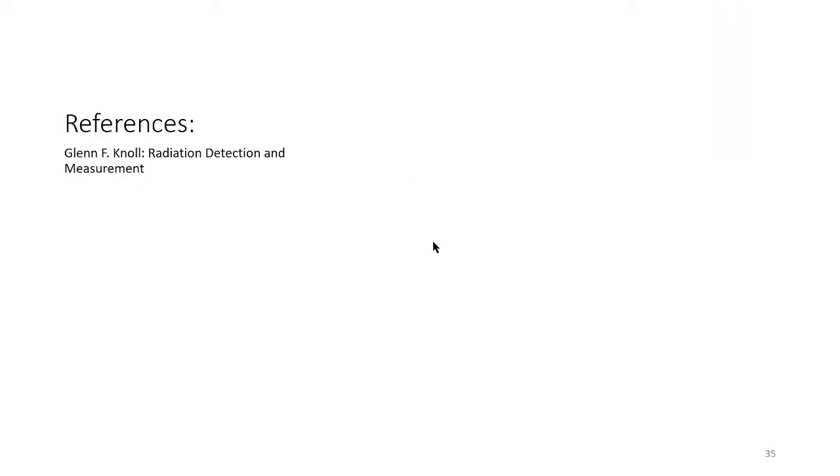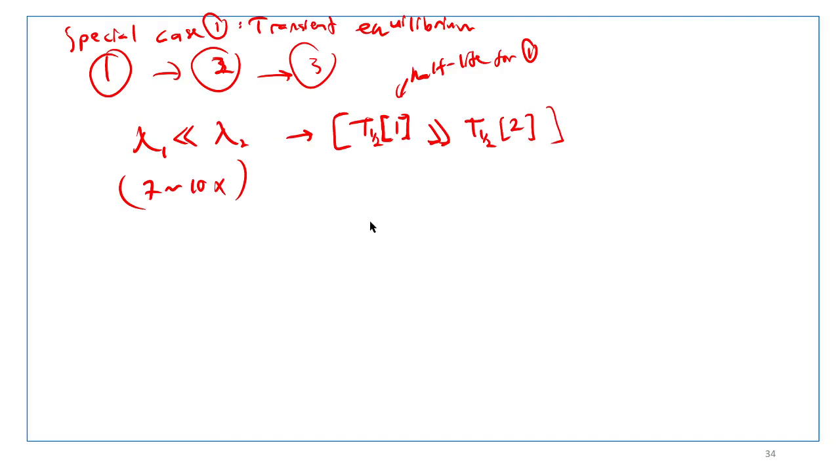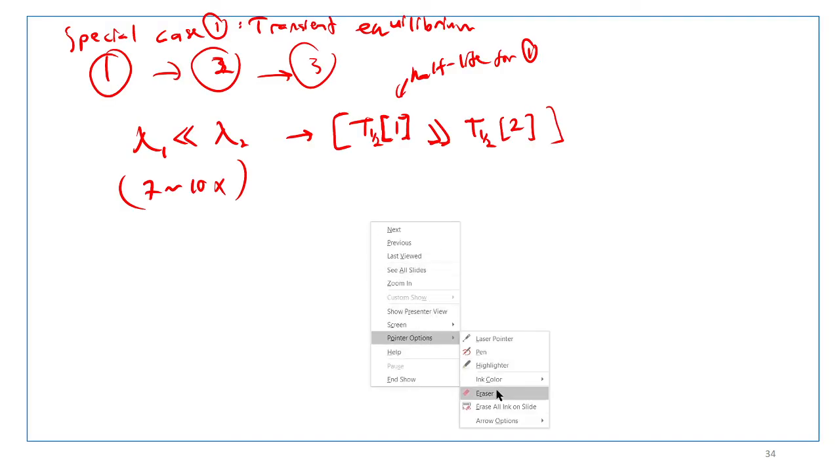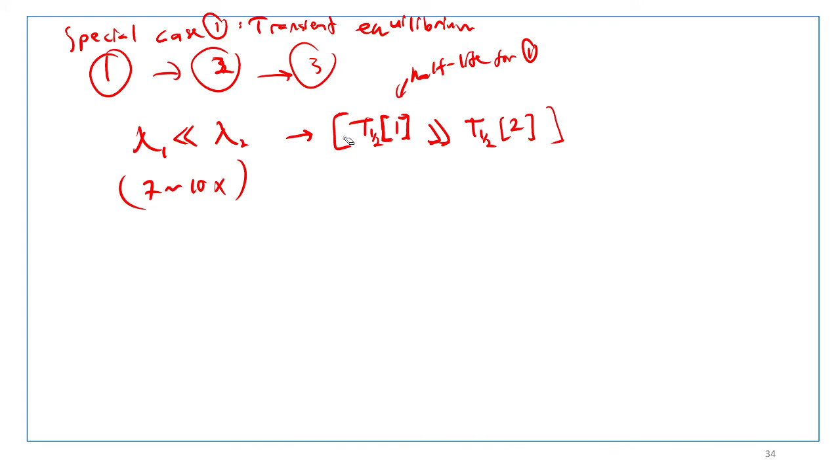Okay, maybe I should remove the outside bracket here. The half-life t 1/2 is equal to ln 2 over lambda, the decay constant.